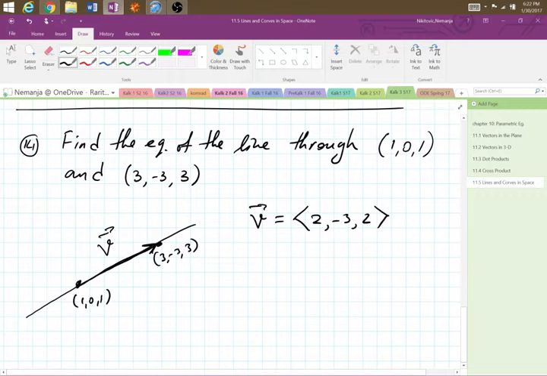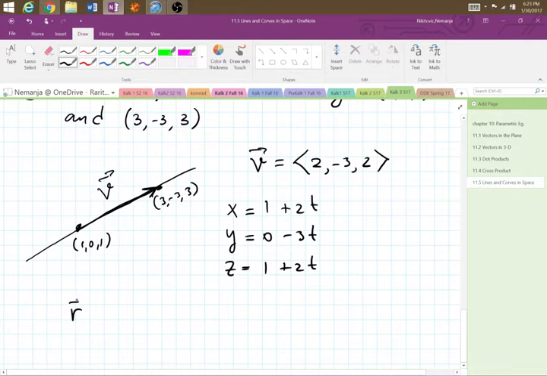And then we have the first point, the initial point, 1, 0, 1, because we said 3 minus 1. So we have our equations. x, y, z is going to be 1, 0, 1 plus 2t, negative 3t, 2t.